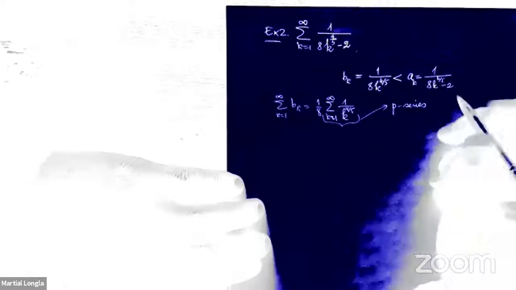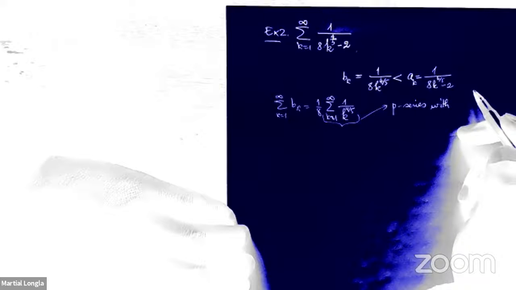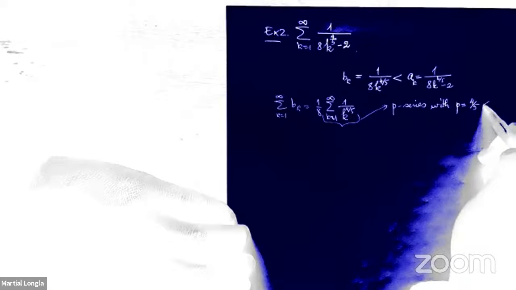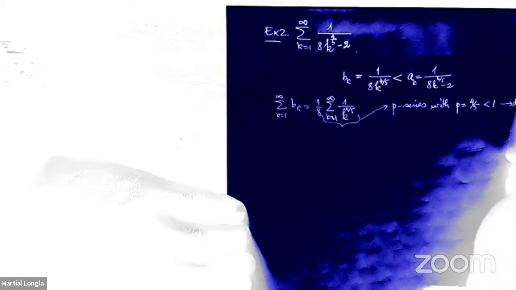What is P? 4/5, good. And that is less than 1. So it diverges. That's it.